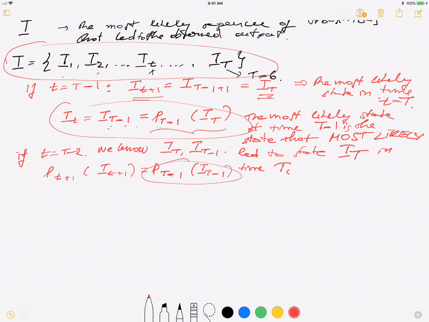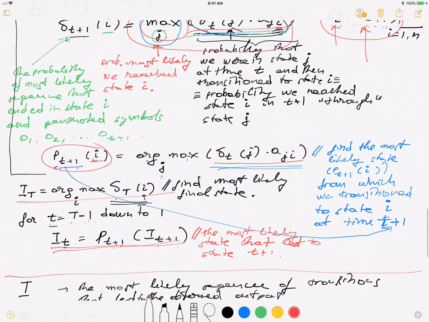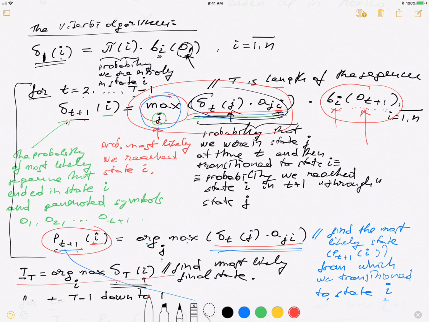I know it sounds complicated, but the algorithm is essentially very simple. And I believe it is relatively obvious why the algorithm works. It works because, in essence, this step is correct. That step correctly determines the probability of the most likely sequence that led to the state i at time t plus 1.